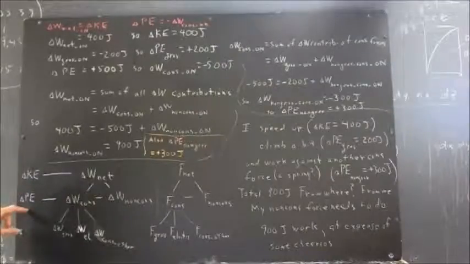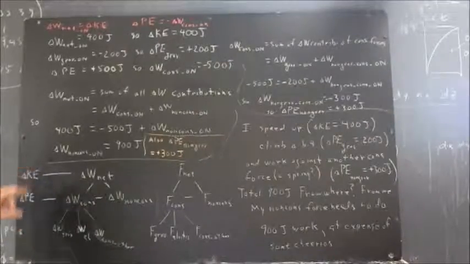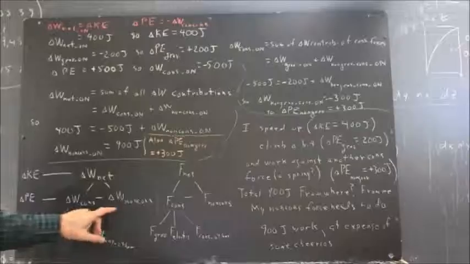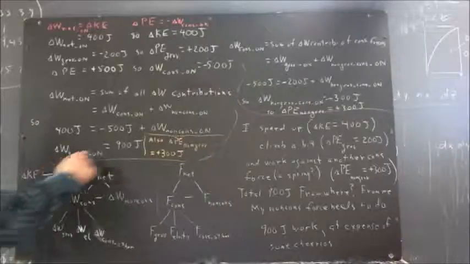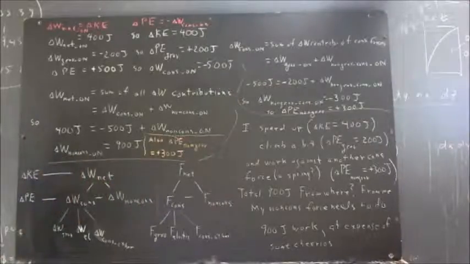So we actually have a triad among kinetic energy change, potential energy change, and work done by non-conservative forces. So we can complete a triad there. And I'm going to do that in a different color so that I can maintain just this equivalence.